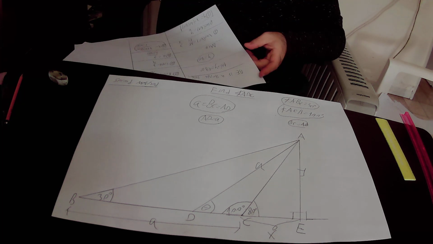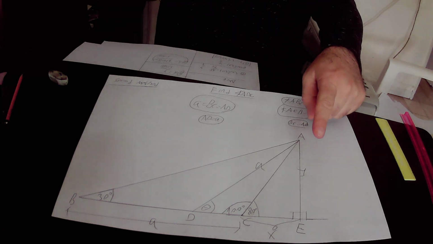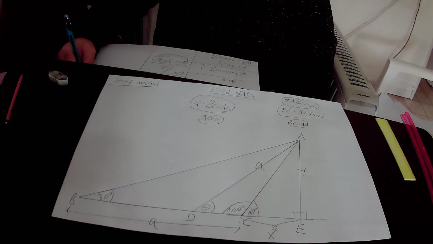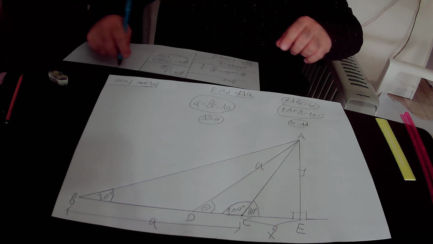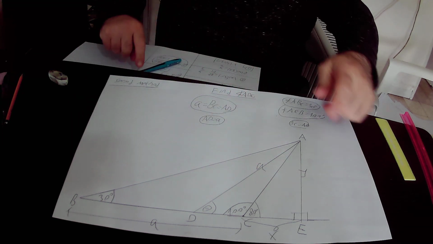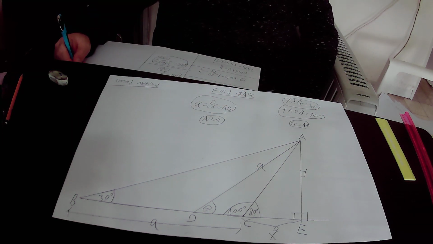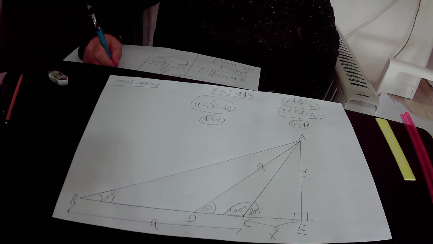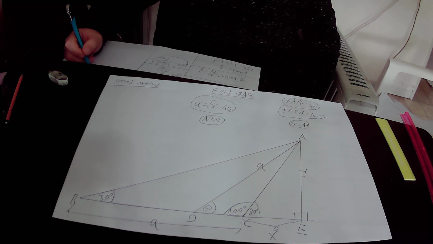But according to our definition, AE equals y, and BE equals a plus x. So in conclusion, we actually got that tangent 30 degrees equals y over a plus x.